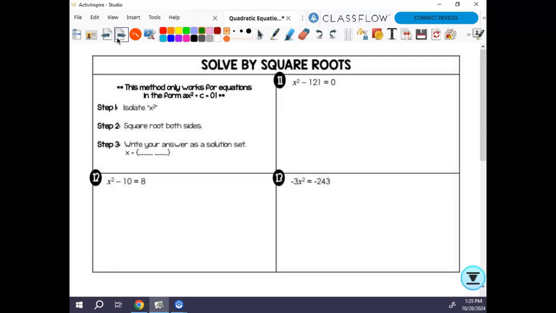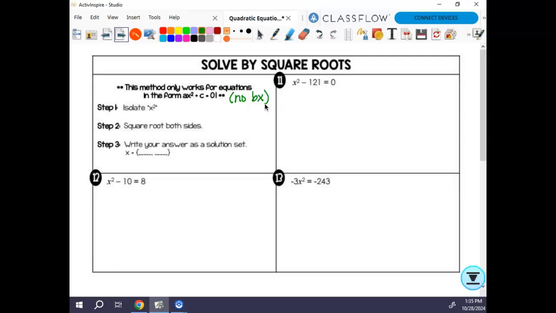Then I changed the font because this looks strange. That's an exclamation point that in a very strange font just looks like an L or a 1. So what it's saying is you can only do it if you're missing your BX term. So we can just write in here, no B times X. That's what it means.